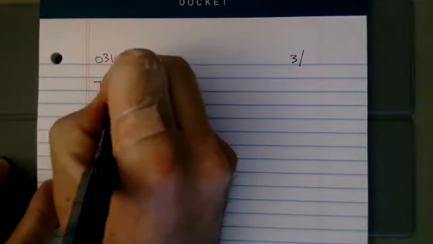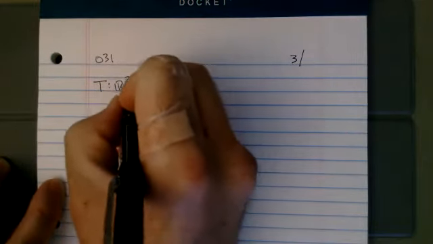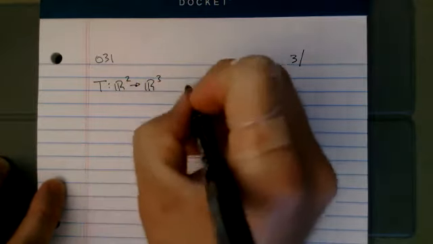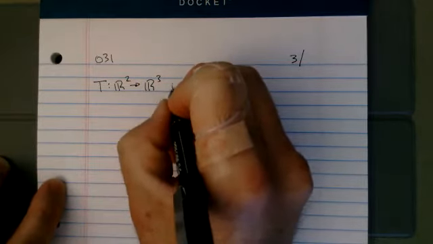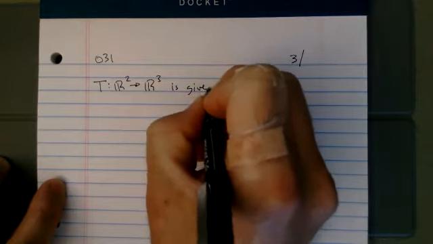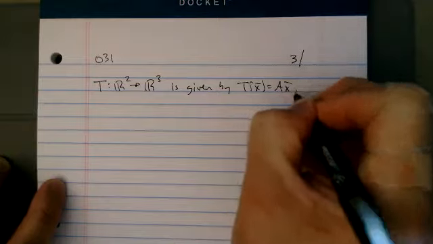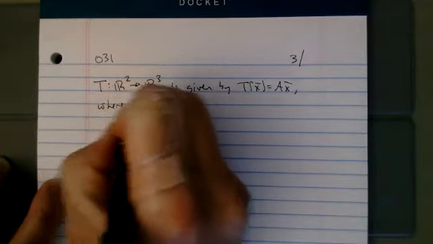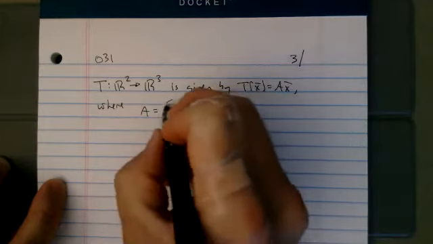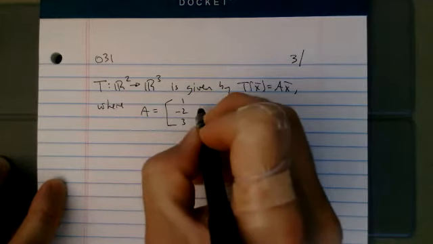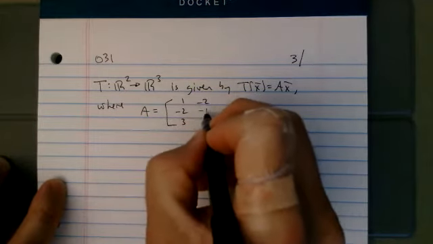So if we have a matrix A, let's say that T maps R2 to R3 and is given by T of X equals AX, where A is this matrix: 1, -2, 3, -2, -1, 2.